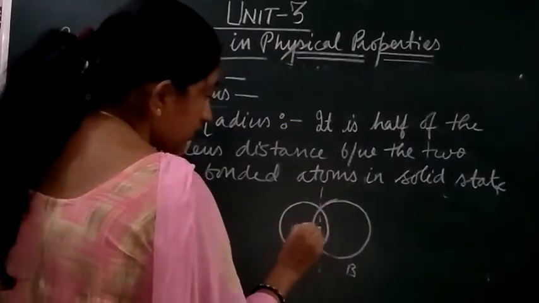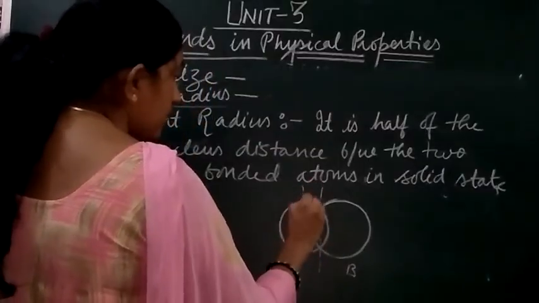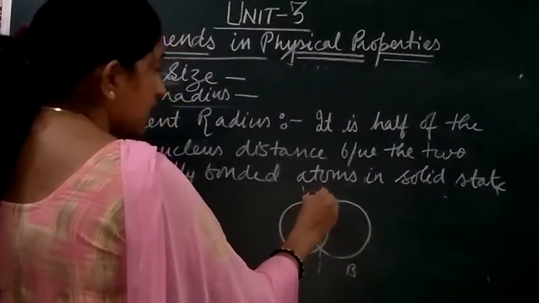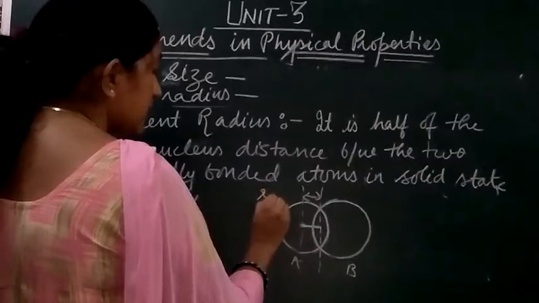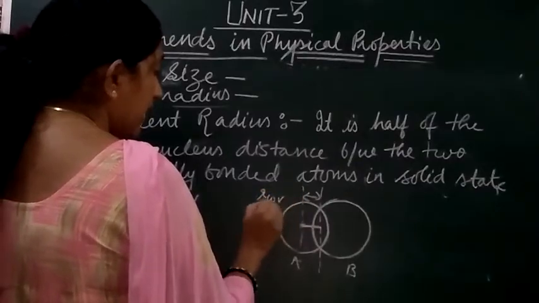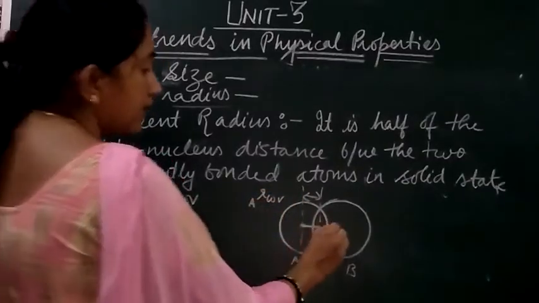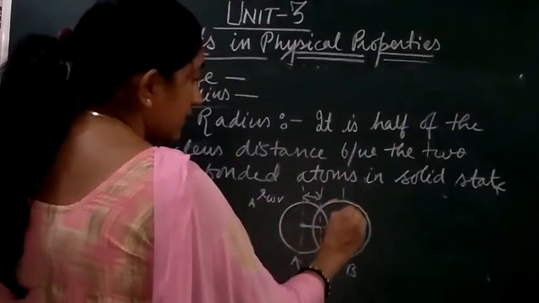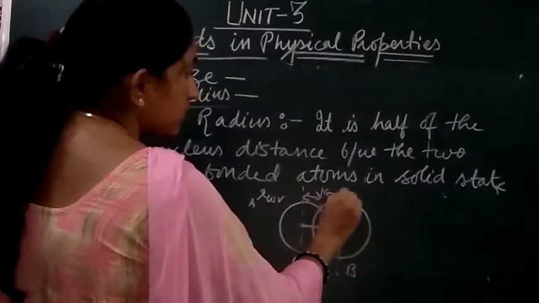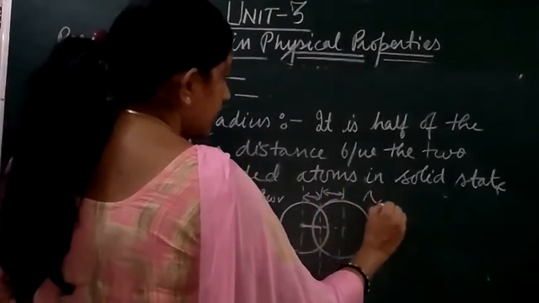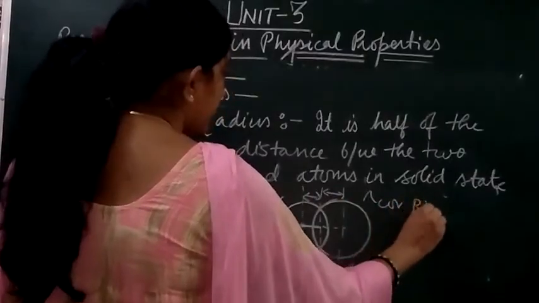So here this distance will be the covalent radius of A atom, and here this is going to be the covalent radius of B atom.